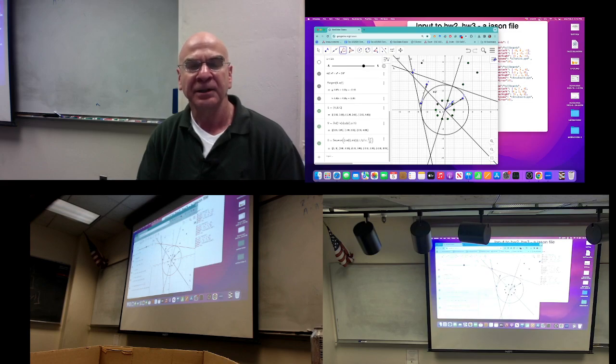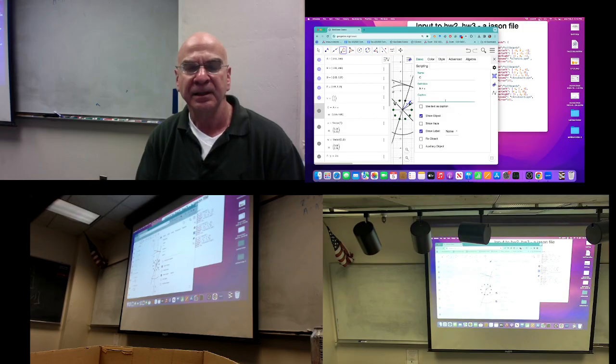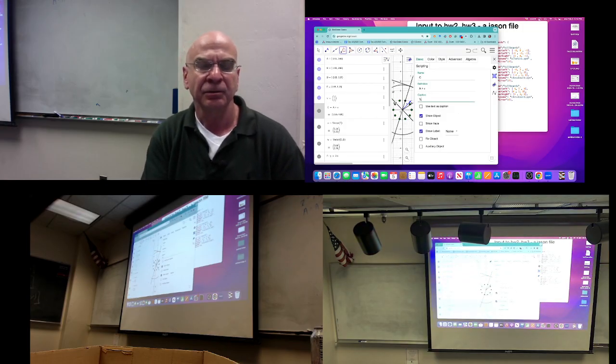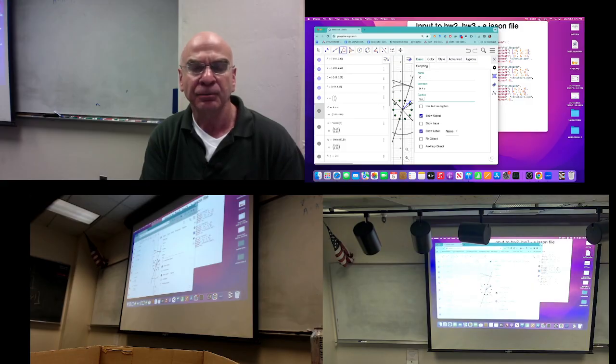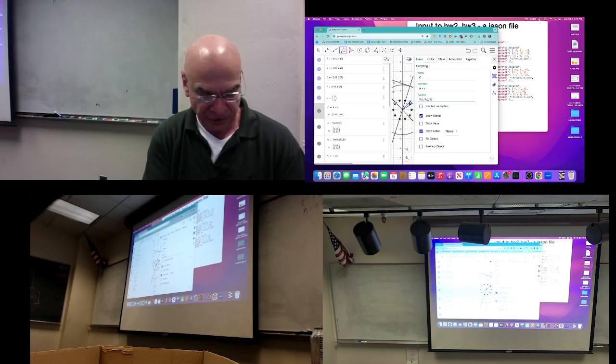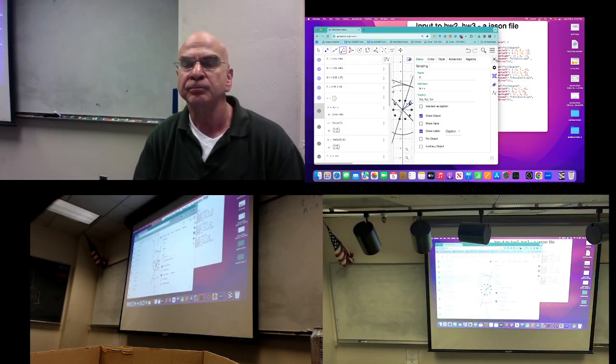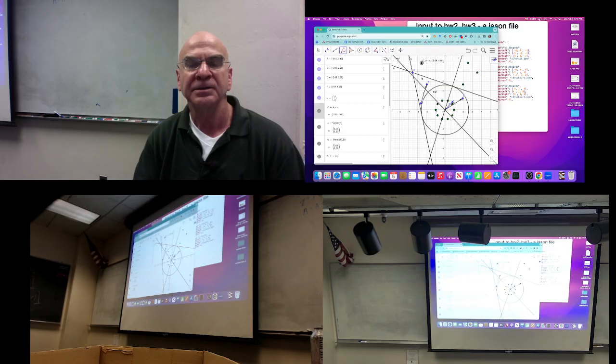cosine, sine. Going to C, I can go to its settings and change its caption to say show me the name, then show me the definition, then show me the value, and now the point C is defined as A plus a vector, A plus V, and here are the coordinates on the screen.